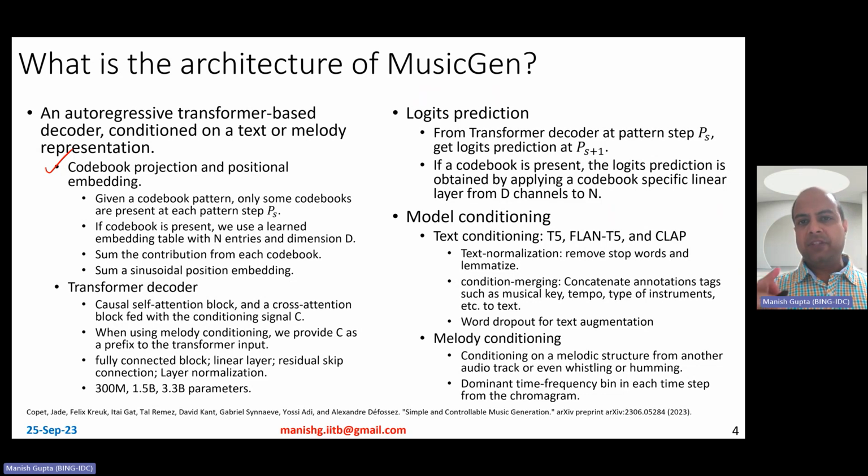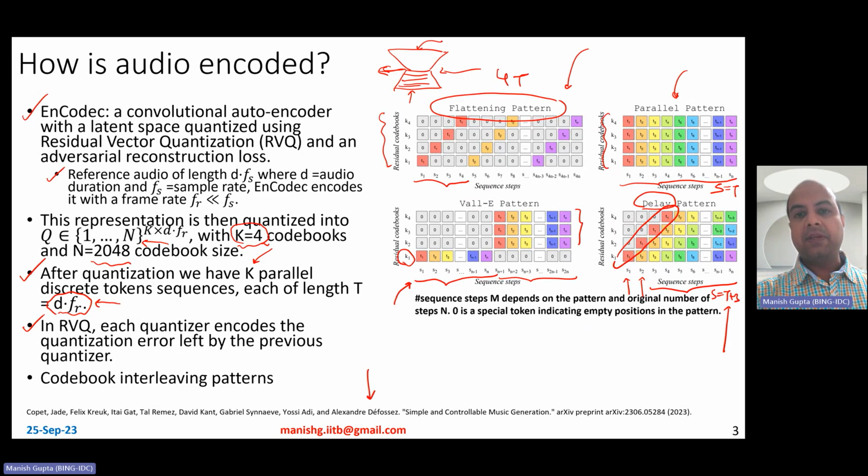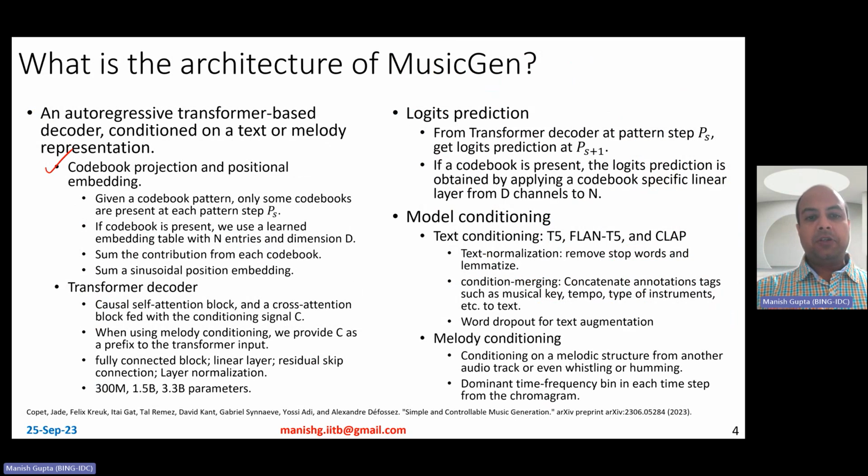This means you have T different sequence steps, and at every sequence step you have a 4-sized vector. Many of them could be zero, some of them may or may not be present. For example, in the flattening pattern, there is only one existing value, but the other 3 are zeros, and so on.